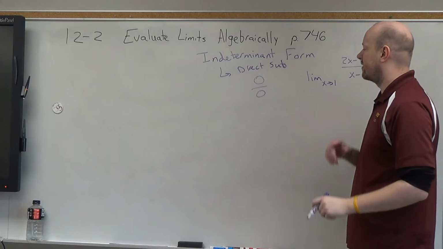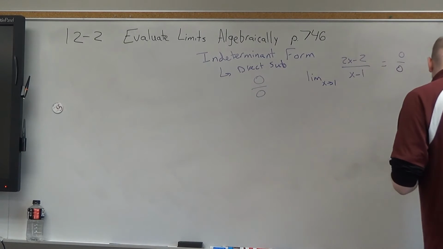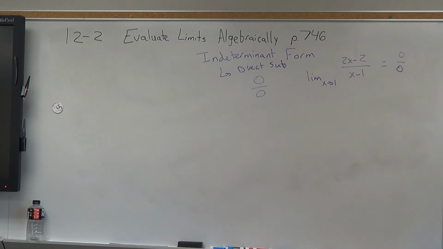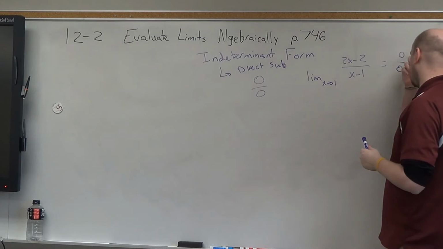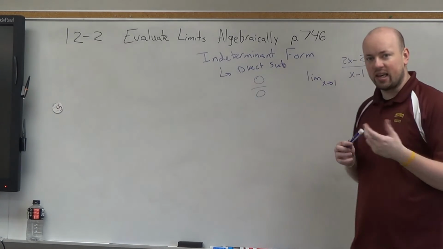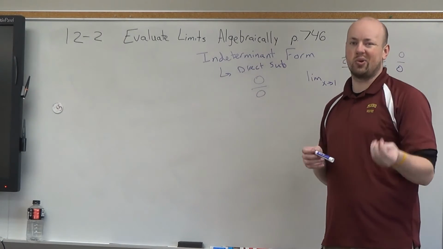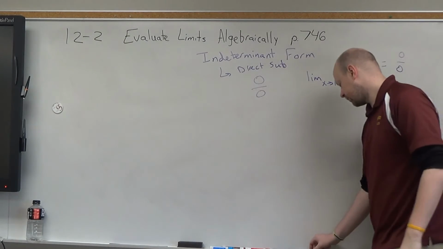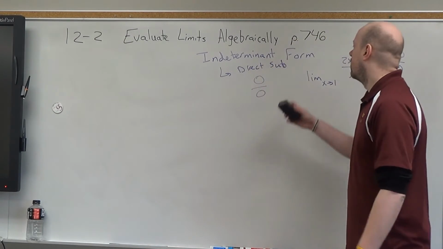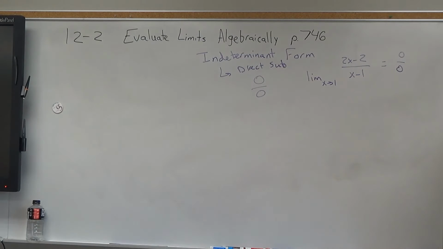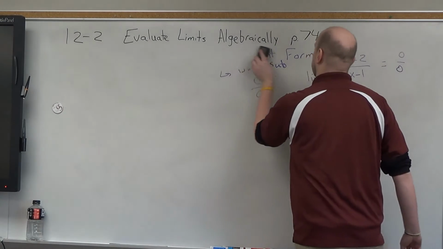That would be the indeterminate form. Since we're dividing by 0, we cannot actually accurately describe the limit. So we have to do some different steps. Namely, we get to do some algebra. There's a couple ways we can do this, so let's get into it.